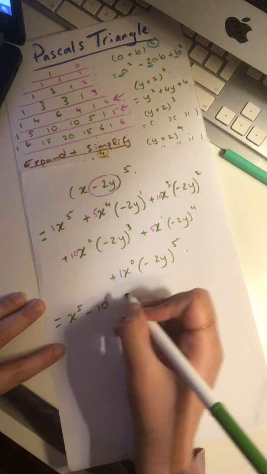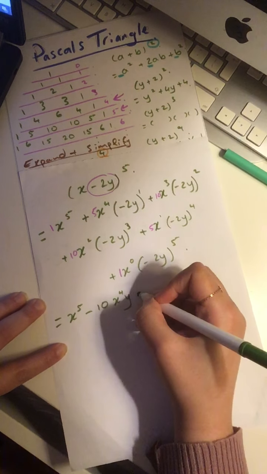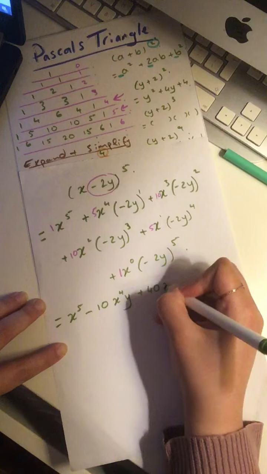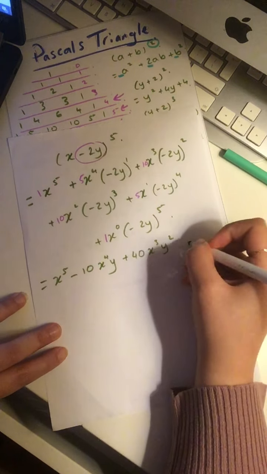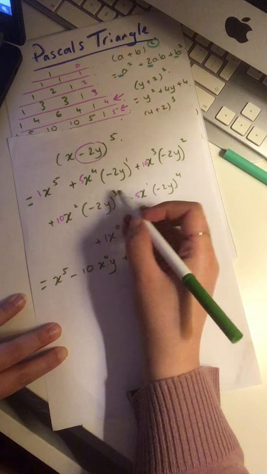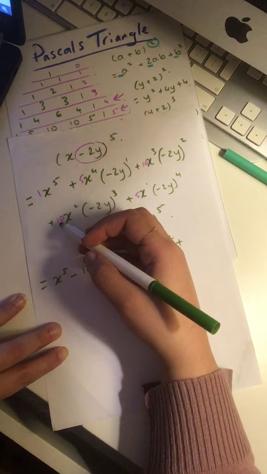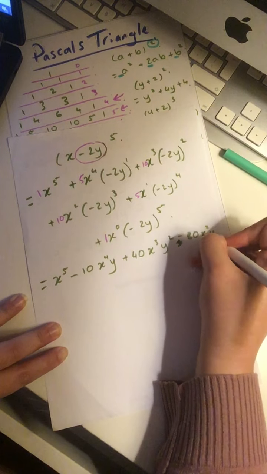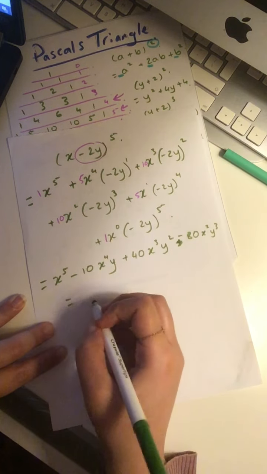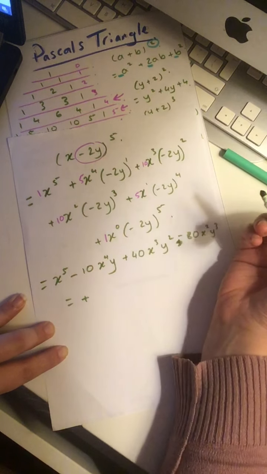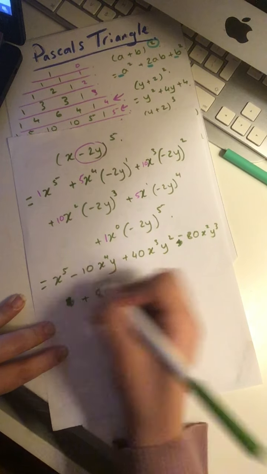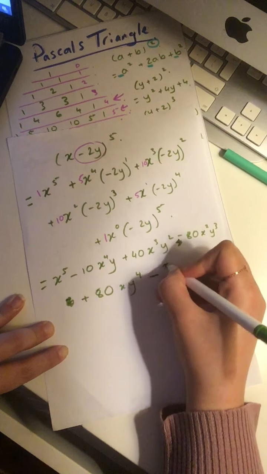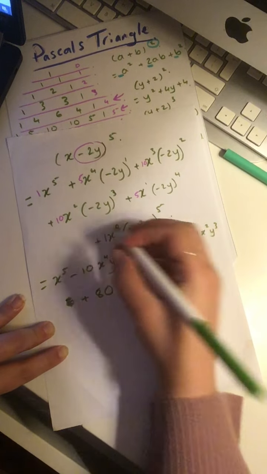So that's minus 10 x to the power 4 y plus minus 2 squared is 4 times 10 is 40, x to the power 3 y squared, and then this here, minus 2 to the power 3 is negative 8 times 10 is a negative 80, x squared y cubed, and then this one is a positive 2 to the power 4 is 16 times 5 is 80, x y to the power 4, and then lastly I have 2 to the power 5 is 32 y to the power 5, and that all goes to 1.